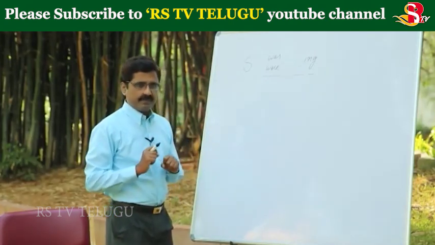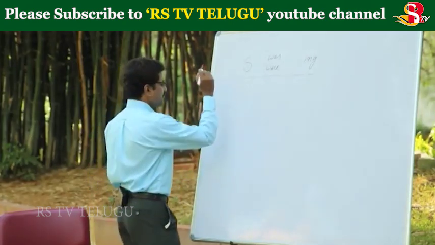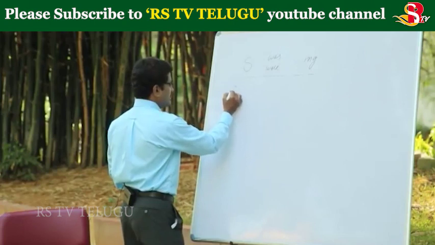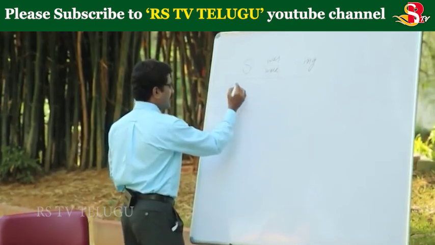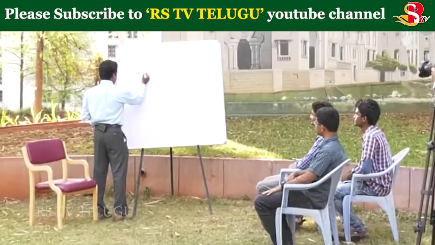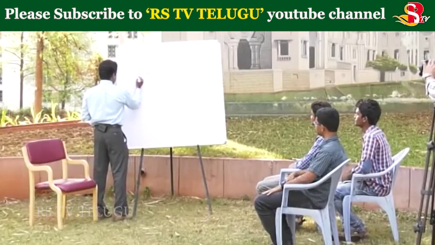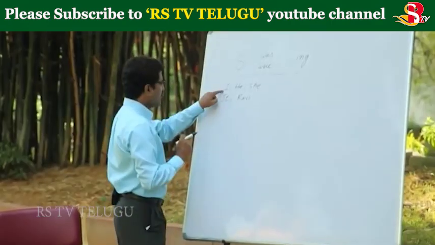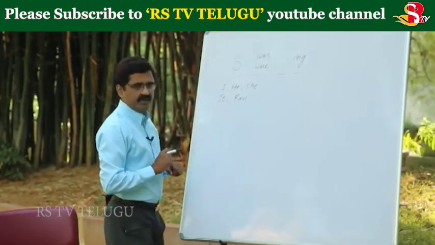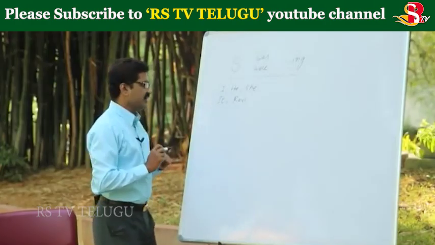Now you may ask me, why do we have was and were, two? Why not only one? The reason is, if the subject is I or he, she, it or any singular name, what is common among these five? They are all singular.